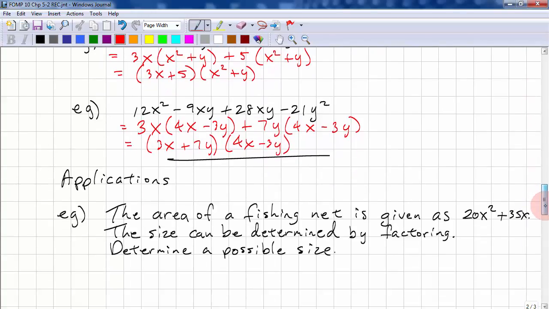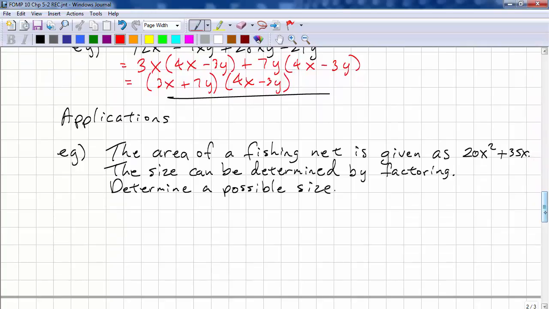Let's take a look at a couple of applications. The area of a fishing net is given as 20x squared plus 35x. And we're told that size can be determined by factoring, determine a possible size. So 20x squared plus 35x.